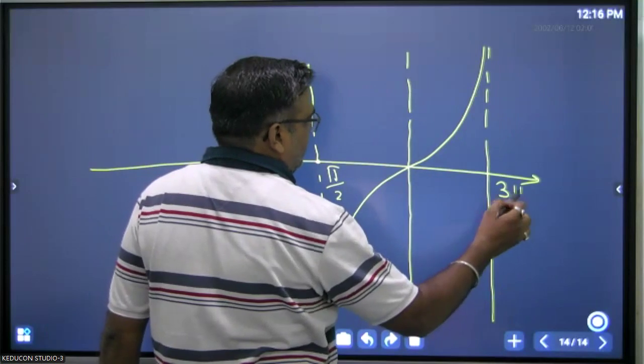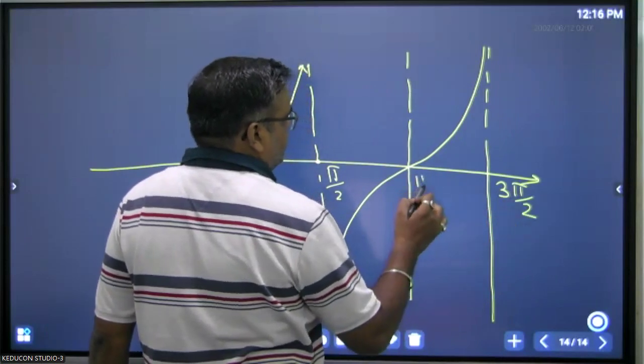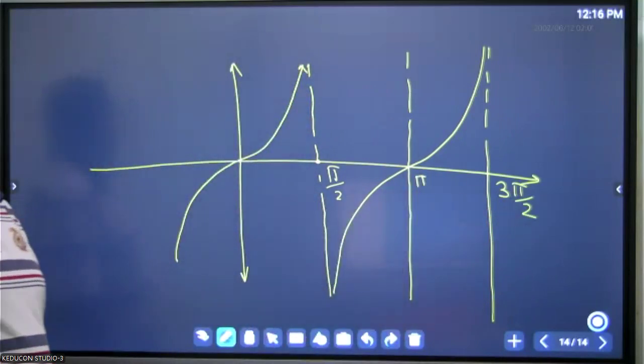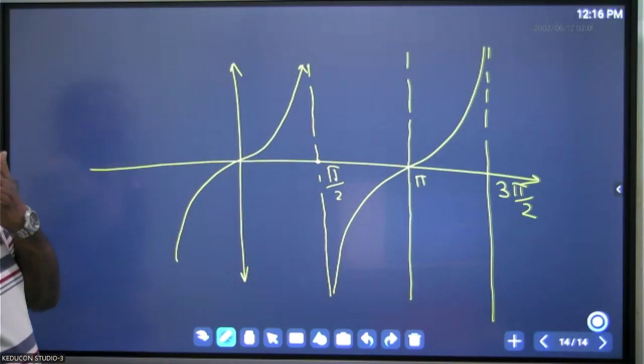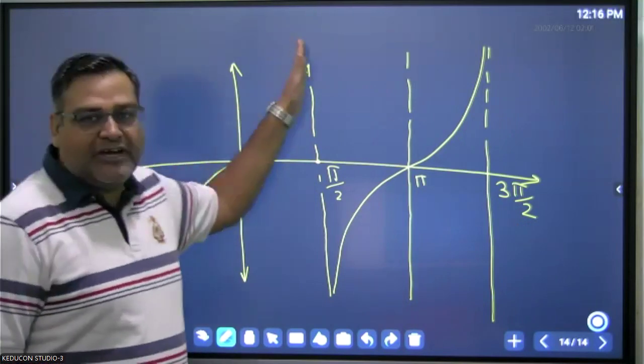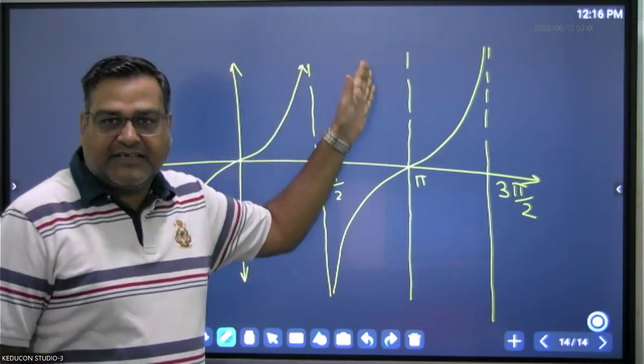This is 3 pi by 2. This is pi, right? So now if you look at this graph, it is going up to infinity, right?